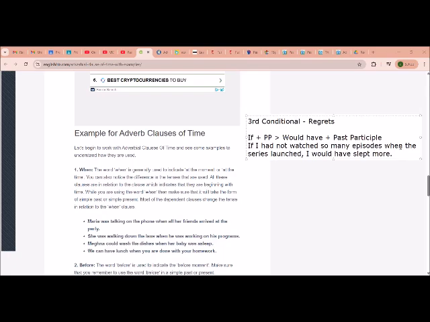All right. Now, it's much more common to find when in the zero conditional. Which is your cause and effect conditional.